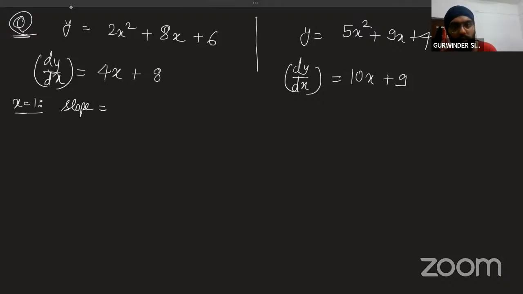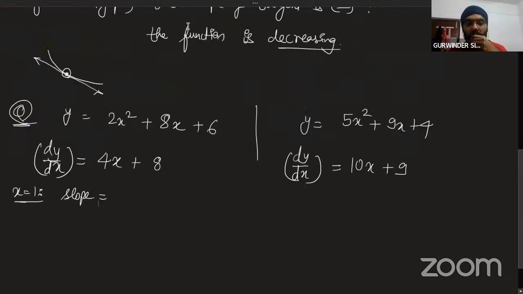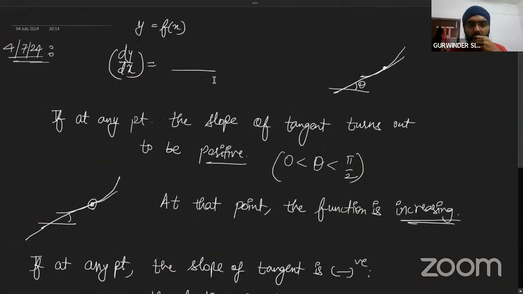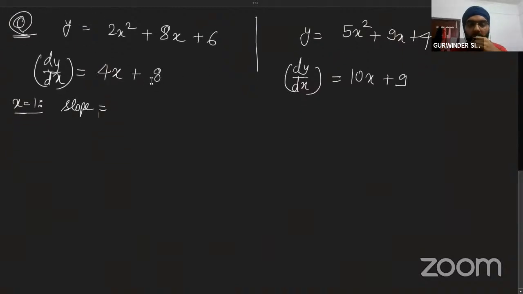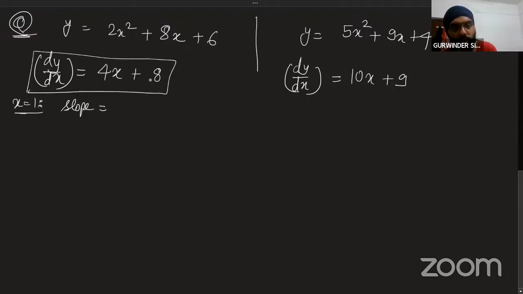No. How do we find the slope? The derivative means the slope of this function at any point. So you have x is equal to 1, you just input x is equal to 1 over here. So its slope is 12, right?